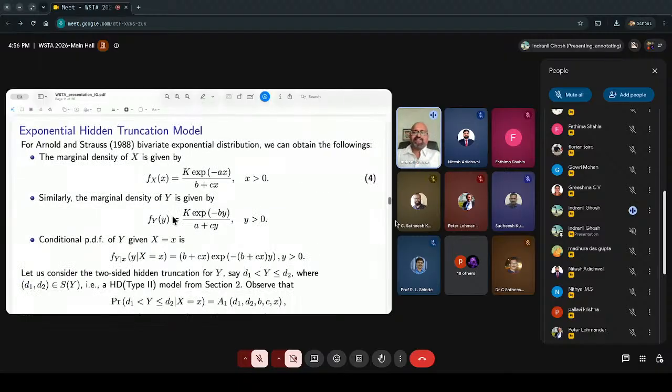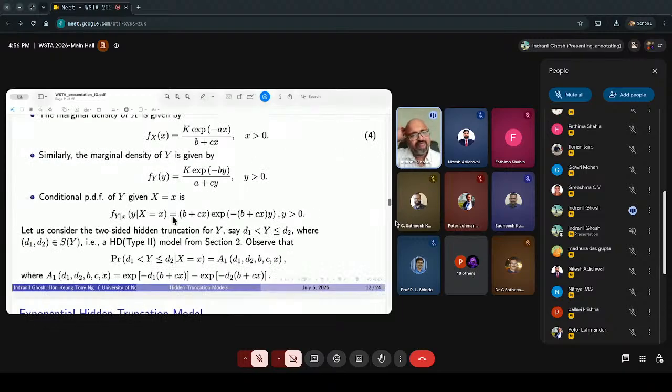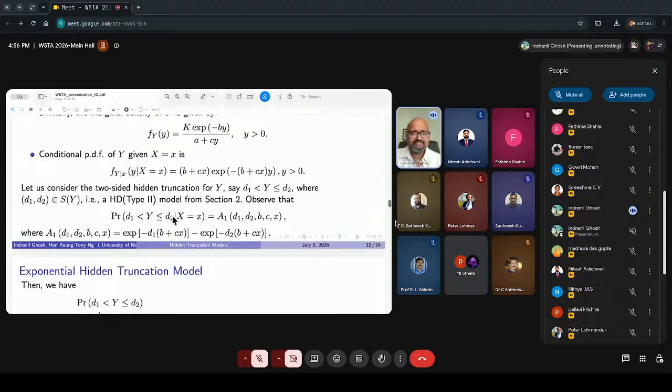Now, this is a well complete reference. We took this Arnold Strauss bivariate exponential distribution, where the marginals and conditionals are well defined, and we talk about HD type 2 as an example.